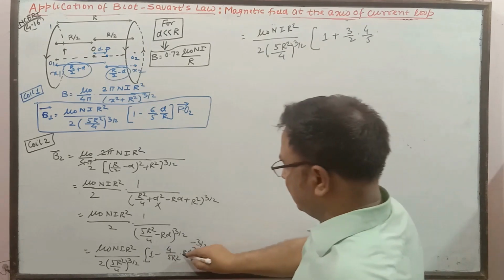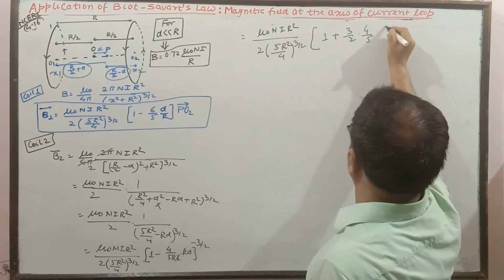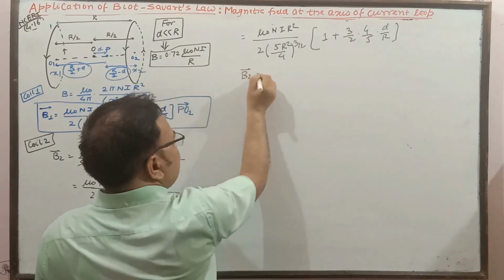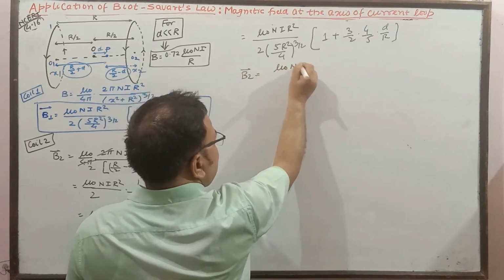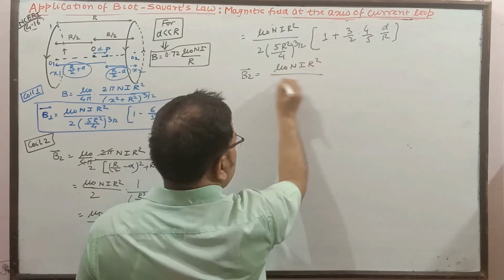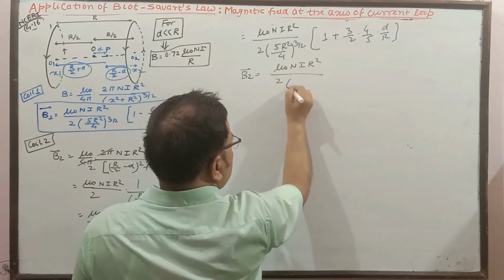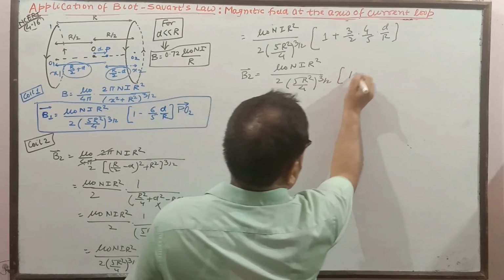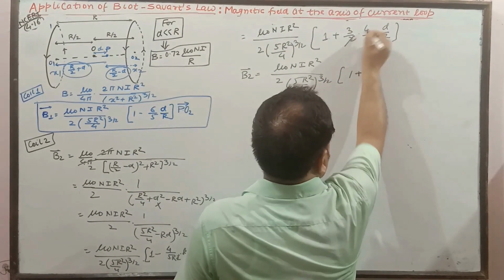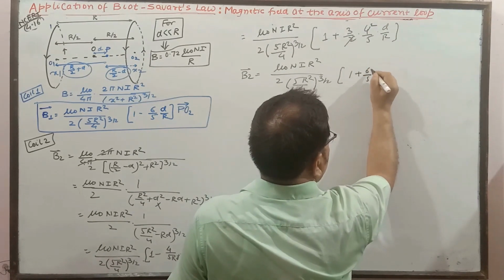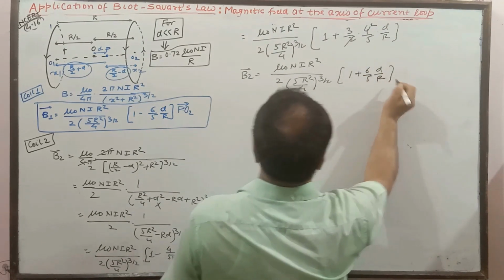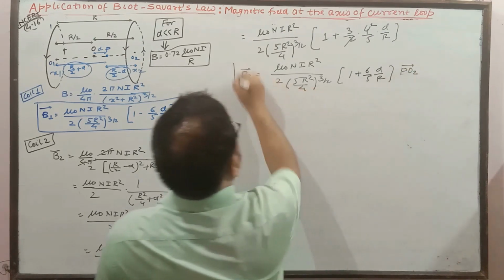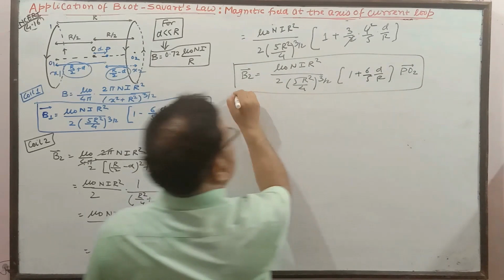R is cancelled out, so we are left with D by R. In the next step, B2 is equal to mu naught Ni R square by 2 times 5 R square by 4, 1 plus 6 by 5 D by R. This is also along PO2, the same direction due to opposite orientation.